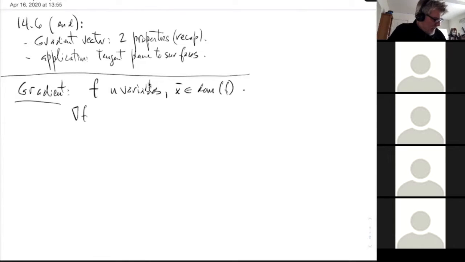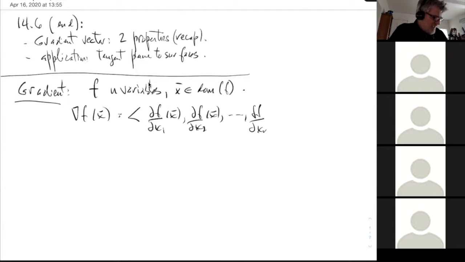So the gradient of f at x bar is the following vector. You evaluate all the partial derivatives, del f, del x1, del f, del x2, right up to del f, del xn at the point x bar. So this is what we call the gradient of f at x bar.